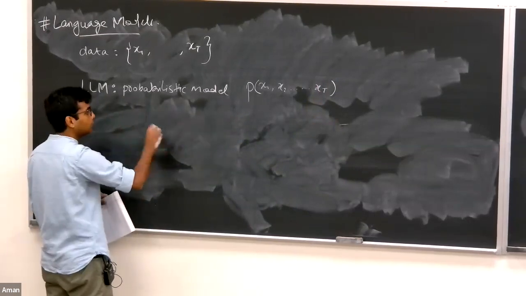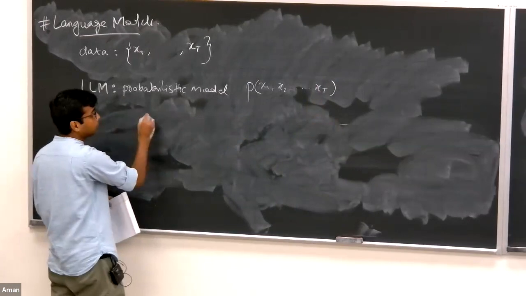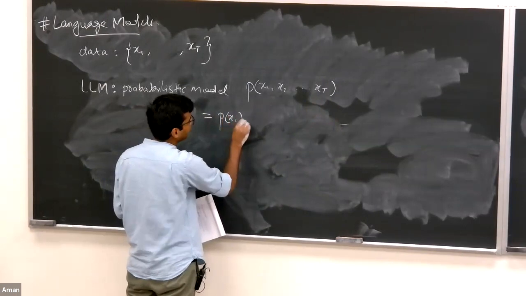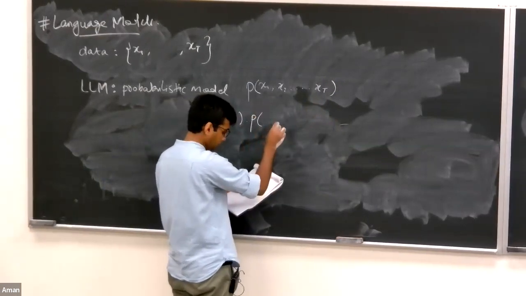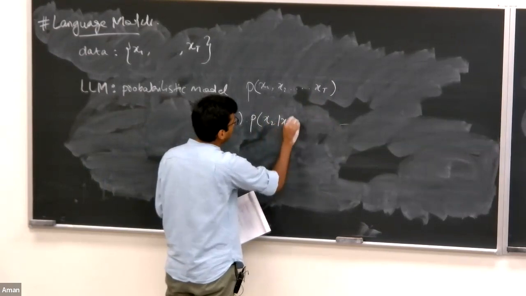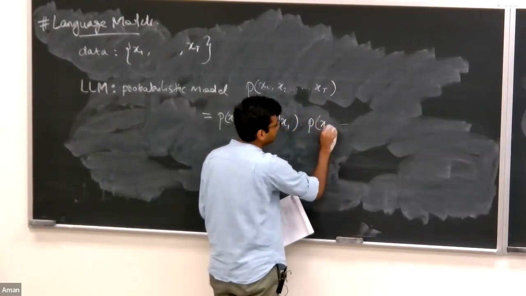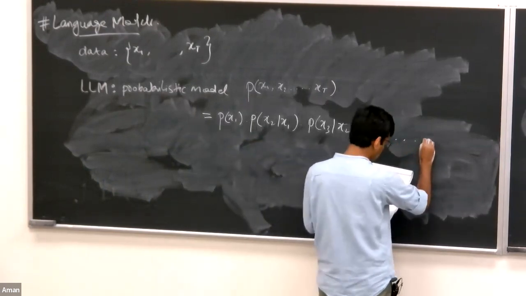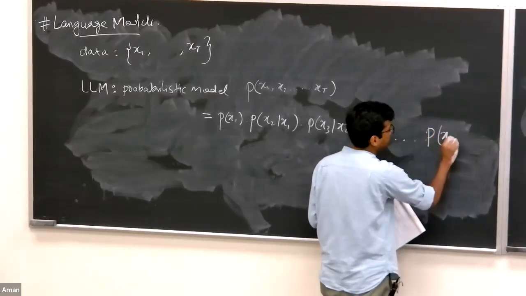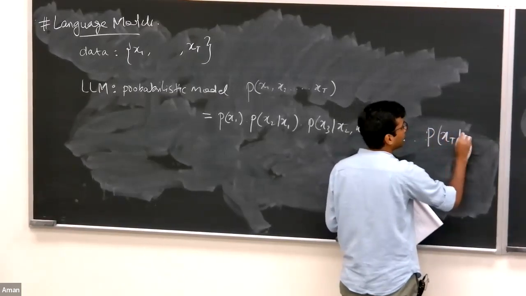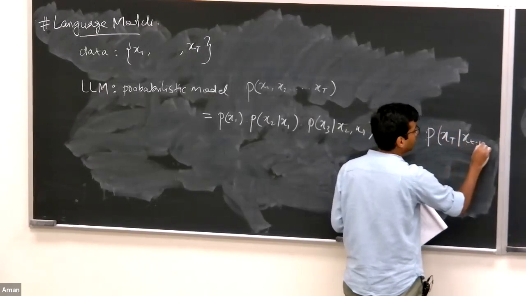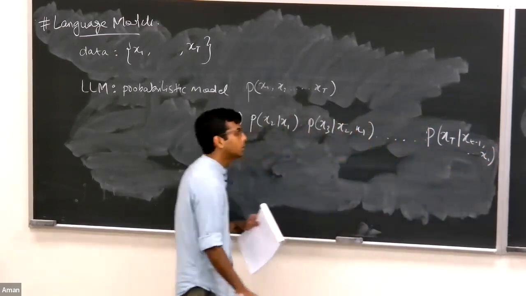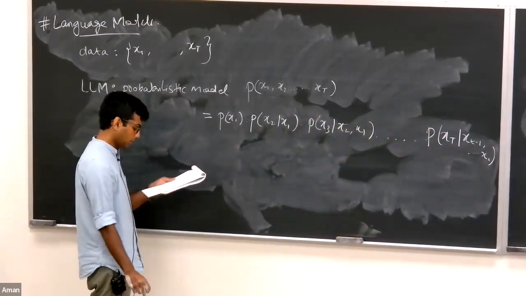Let's just apply the chain rule to this. When we apply the chain rule, what you get is that this same thing can be written as P of x1 times P of x2 given x1 times P of x3 given x2, x1, and so on, up to P of xt given x1 through xt minus 1. Just the chain rule on the probabilities.